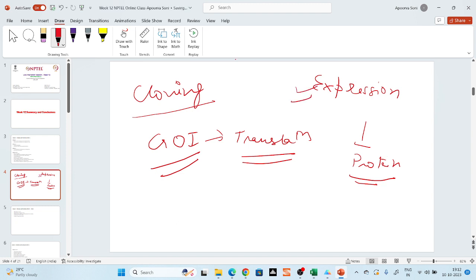If you are using a cloning vector, then there is no protein production. Expression vector means that you are expressing your gene, that means there is protein production. Origin of replication has to be there in a cloning vector also. But in an expression vector, apart from origin of replication, you have to have a translation start site, end site, and ribosome binding sequences.